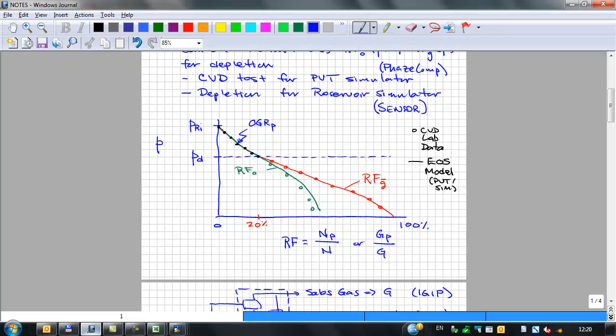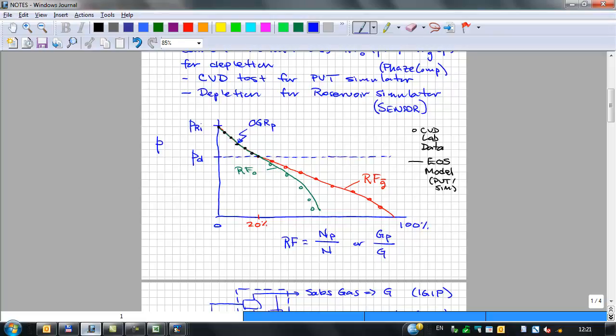Okay. And it's a type curve. This curve reflects pure PVT. And the great majority of recovery performance, depletion recovery performance for a gas condensate is pure PVT. It is simply the carrying capacity of the gas to hold condensate in place. The equation of state may not predict it accurately.